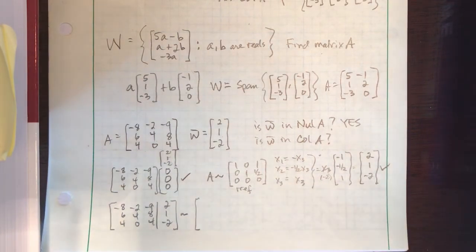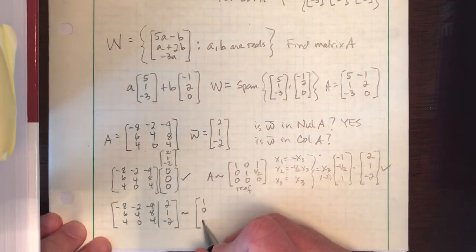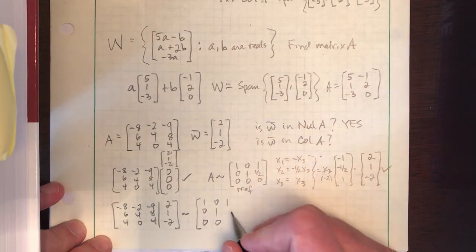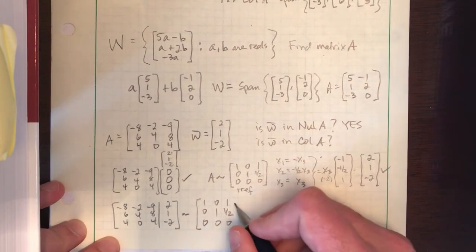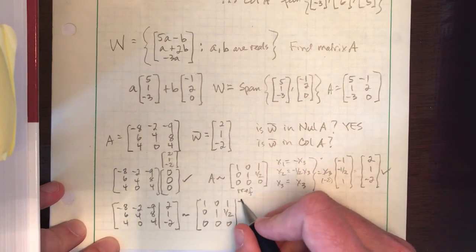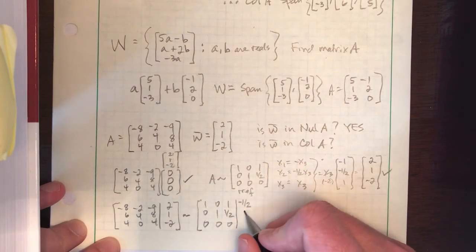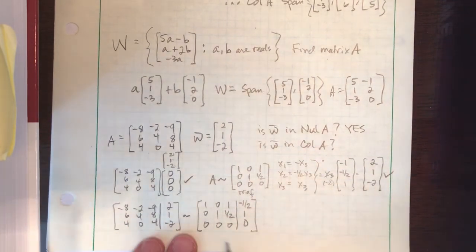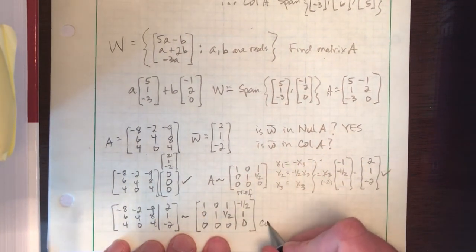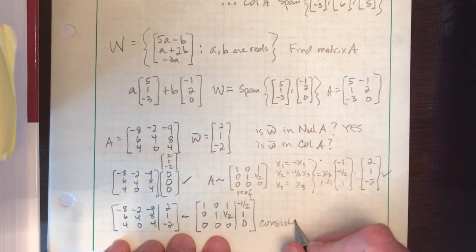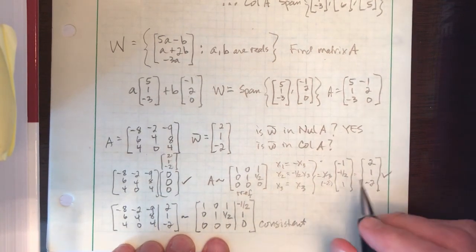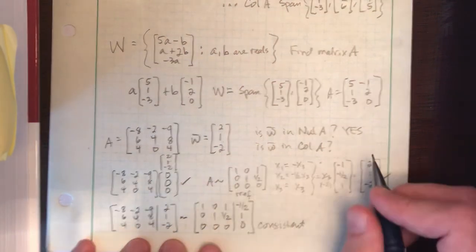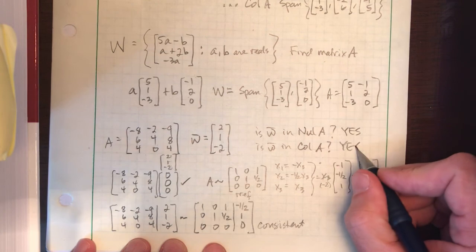And again, if we row reduce this, we end up with this as my reduced matrix, and we can see just at this stage this is consistent, which just means we can answer the question, is there a linear combination that produces W using those 3 columns? The answer is yes.